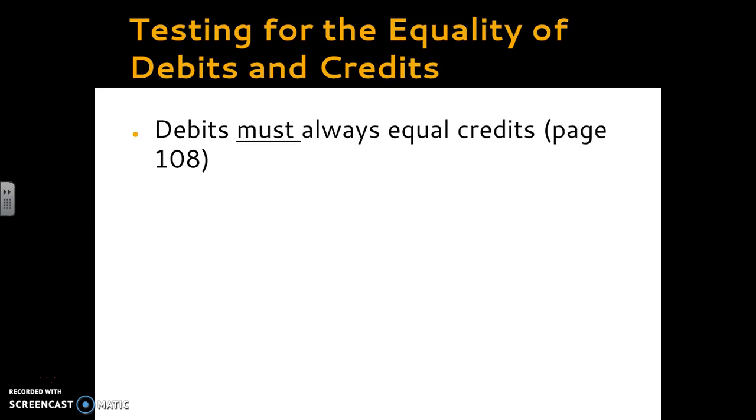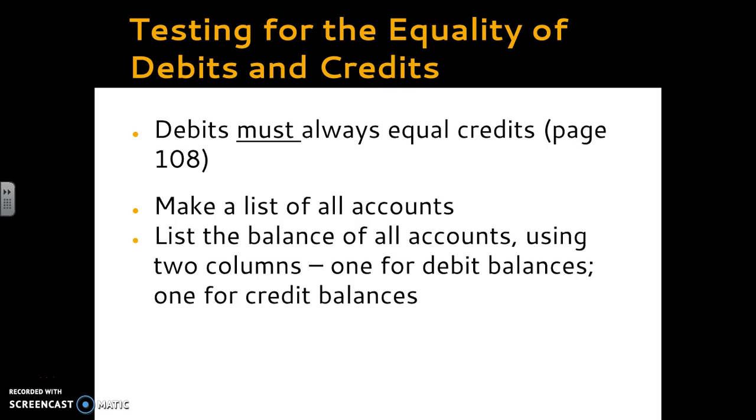So every transaction must have an equal amount of debits as credits. To do this, make a list of all accounts. List the balance of each account using two columns, one for the debit balances and one for the credit balances. Then simply do the math and determine whether or not the numbers in each column are equal.